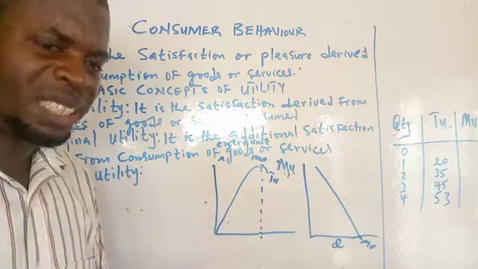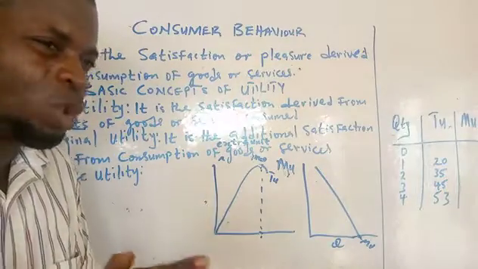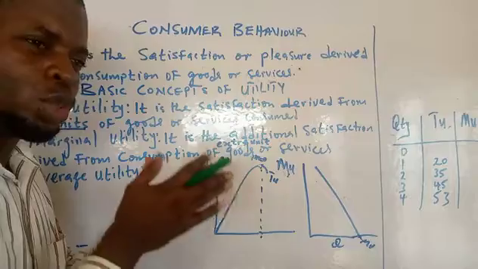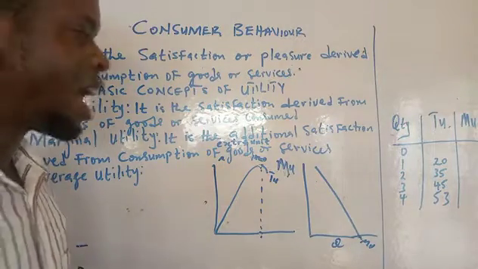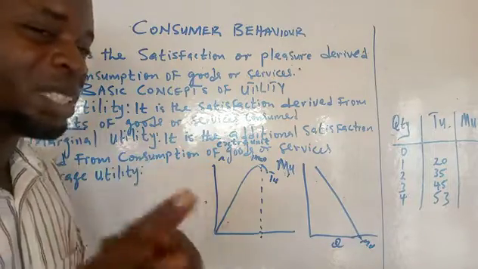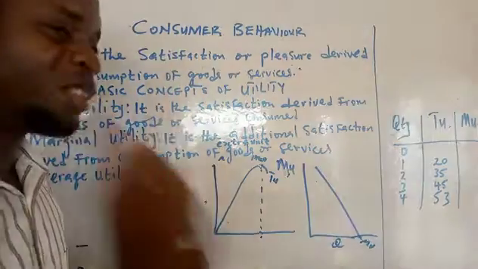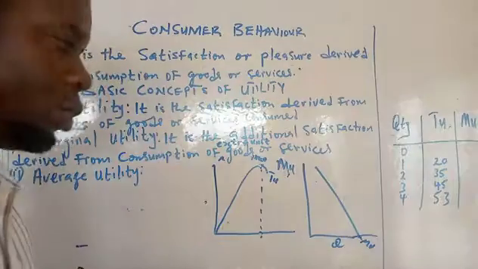You consume the second one, there will be a particular satisfaction from that. So a particular satisfaction attached to a particular unit of commodity consumed is what we call average utility. So average utility is the utility per unit, the utility you get from each unit of the commodity consumed.